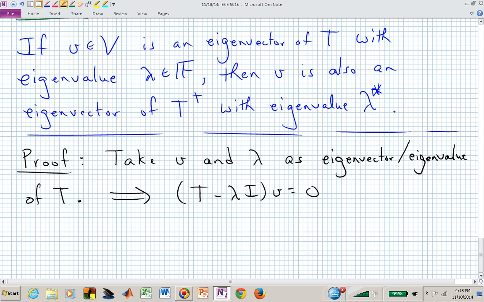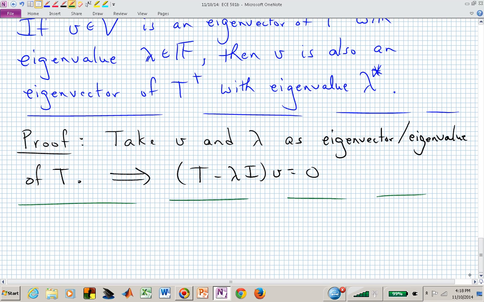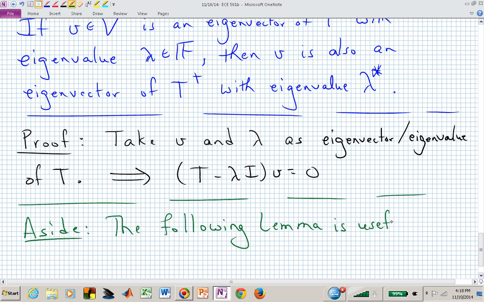Now let's look at some properties of T minus lambda I in the form of a lemma. Before we continue, I told you we were just going to barely get started, and then we're going to take a detour. So, aside, the following lemma is useful in completing the proof.